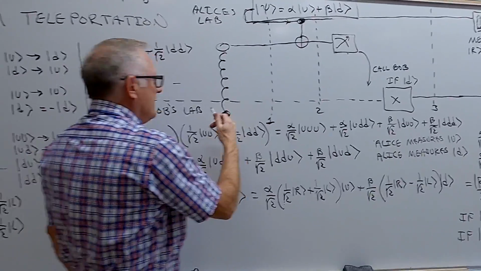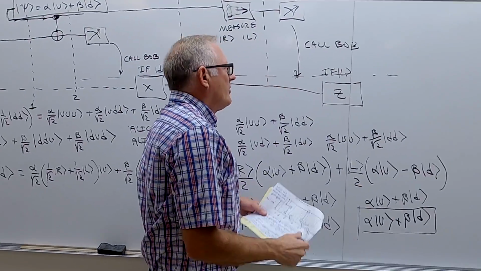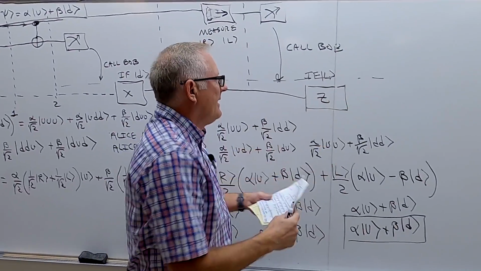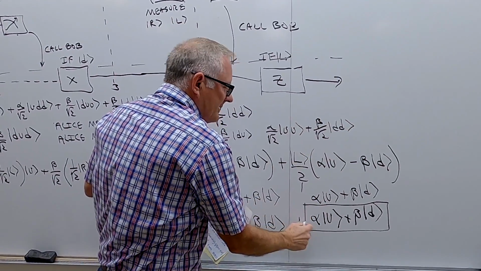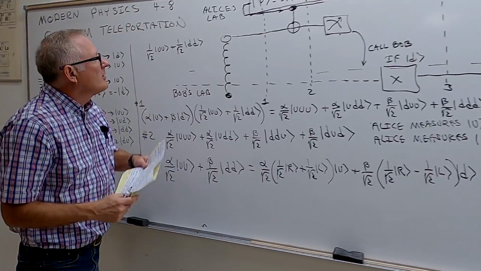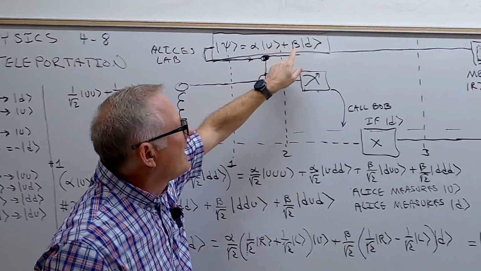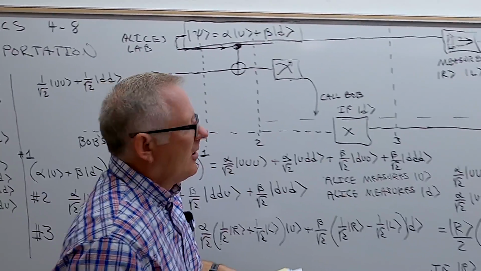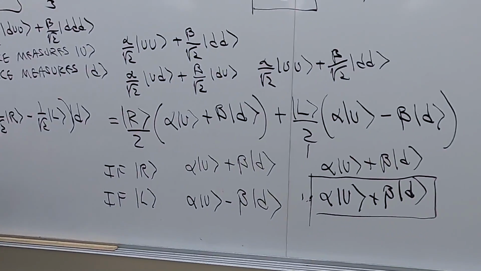Everything below here is in Bob's lab. So they were able to teleport this bit without even knowing what alpha and beta are from Alice's lab to Bob's lab. So this is teleportation.